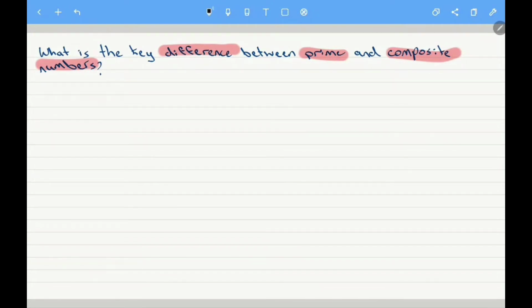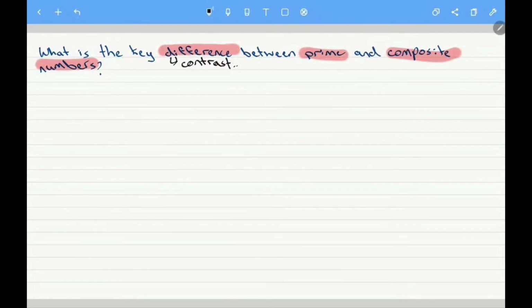So difference means to contrast. So I believe that questions that ask for the difference, or for example for the similarity, these sort of questions can be most effectively answered in a table.